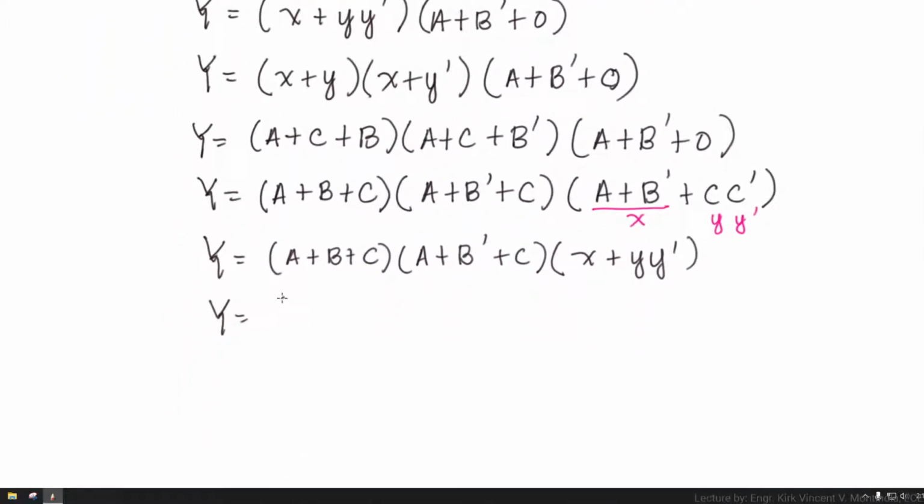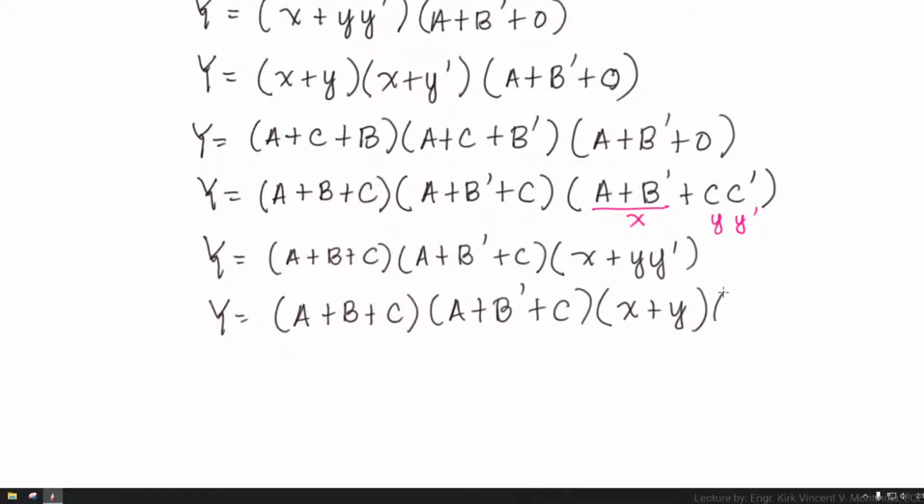Okay, then that would be your a plus b plus c, and then a plus not b plus c, and then your x is a factor na siya natin, that is x plus y, and then x plus not y. Okay, then you need to revert back into its ABC na variables.